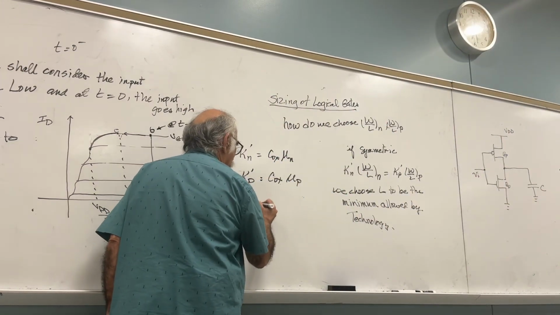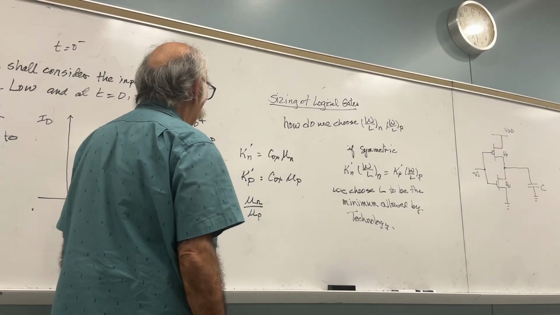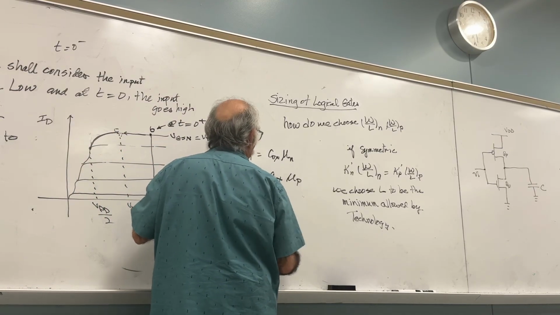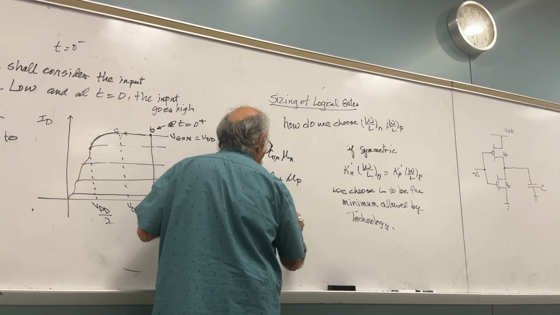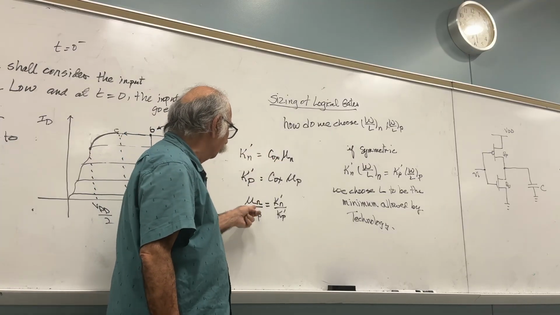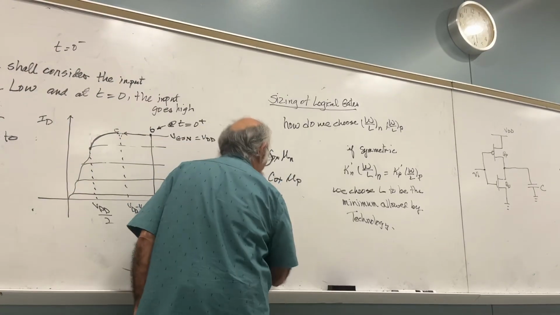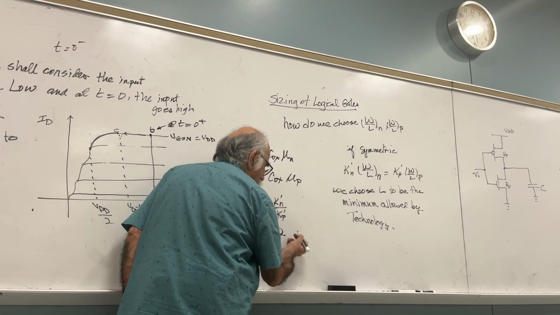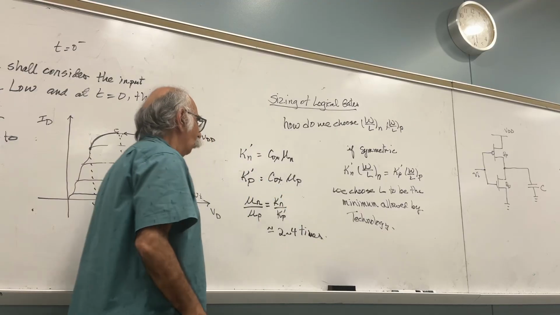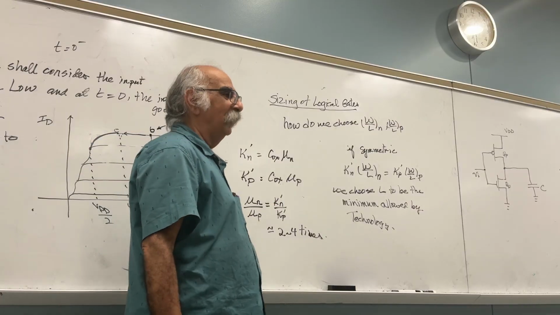So mu N over mu P is Kn prime over Kp prime. In other words, if I divide this by this, the COX cancels and I end up with mu N over mu P. Did you get it or not? And this ratio is around 2 to 4. Did you get it or not?